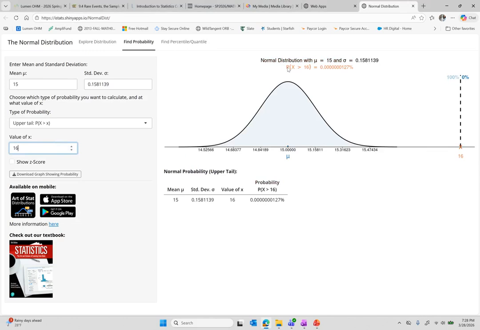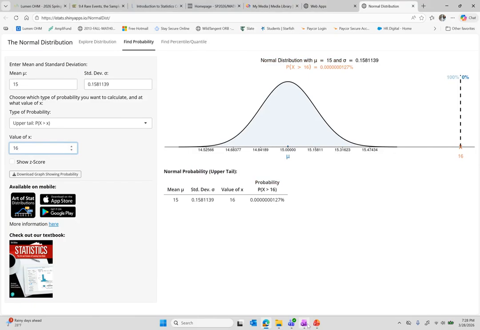So it can calculate the probability of x being greater than 16 to be approximately 0. Here it's very small, but after I go even further away, the probability becomes 0 even in the abilities of Art of Stat to calculate.